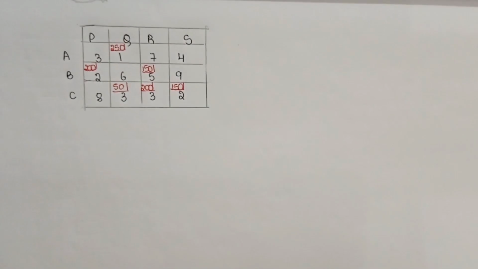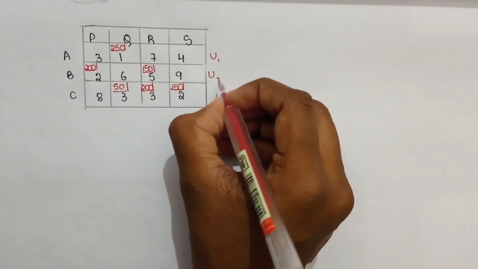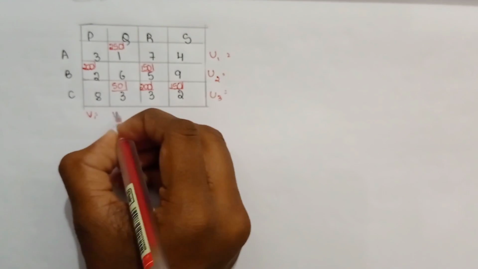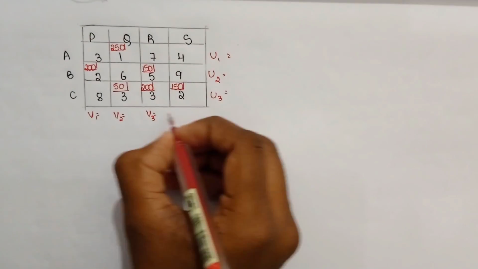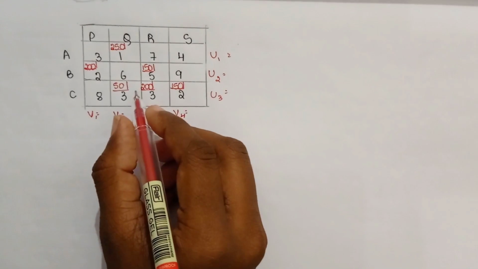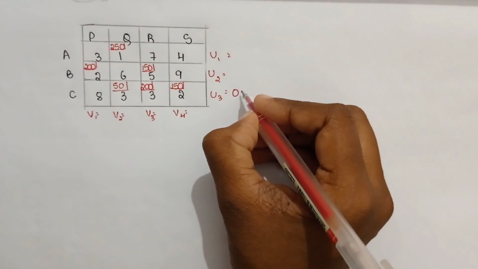Okay, so again we have to identify the u values here. Until we get an optimum solution, we have to identify the u and v values. Among this matrix, the row which holds the maximum allocation is the third row, so it will be represented as 0.